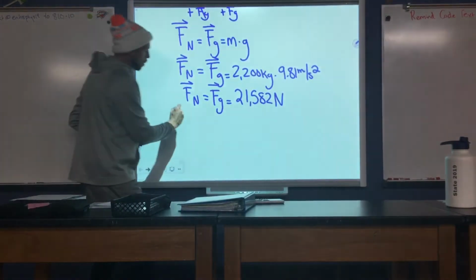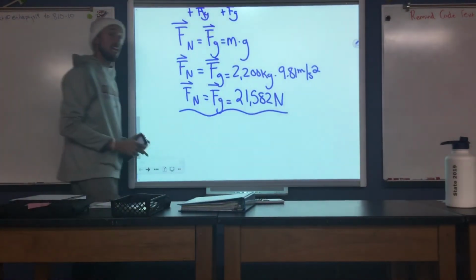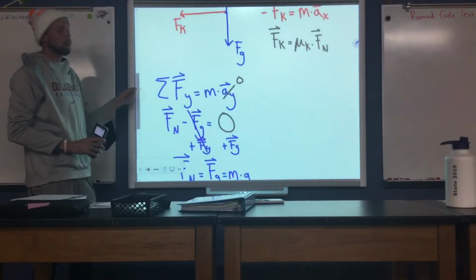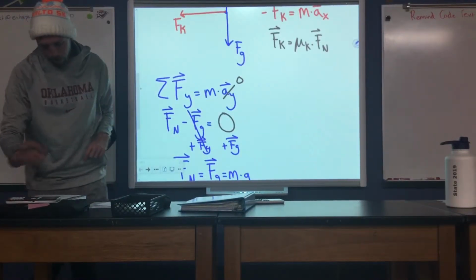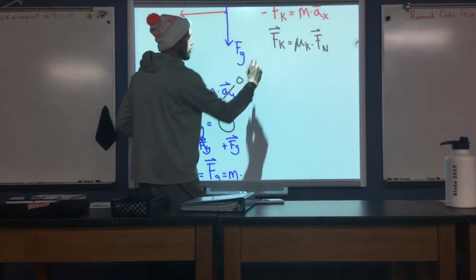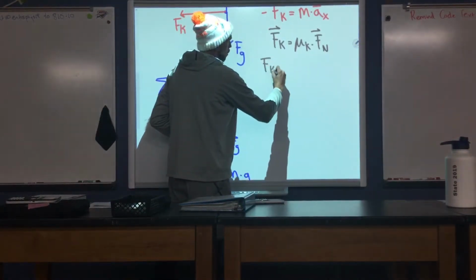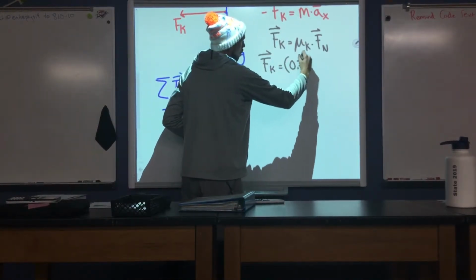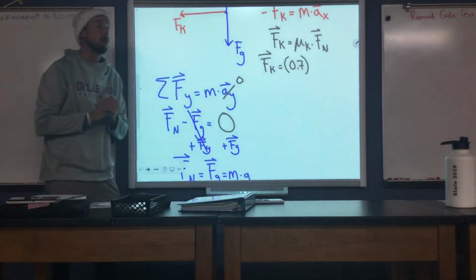So now that we know our normal force, we can come back to our equation for force of friction, F sub k. This is going to take us into part F. So here we go. F sub k is equal to our coefficient, mu sub k, which the problem statement tells us is 0.7.